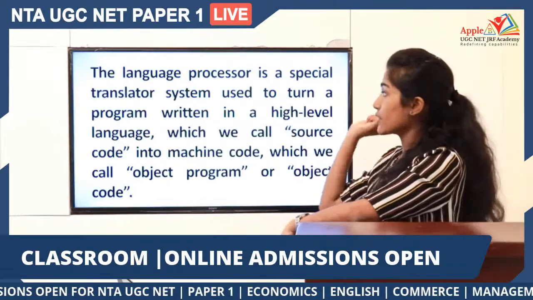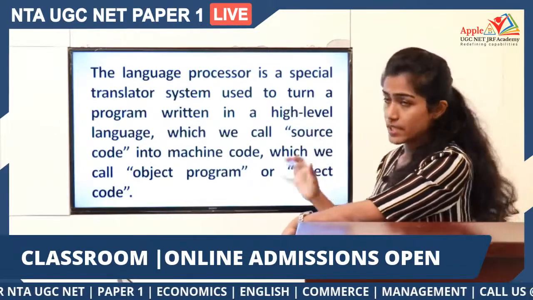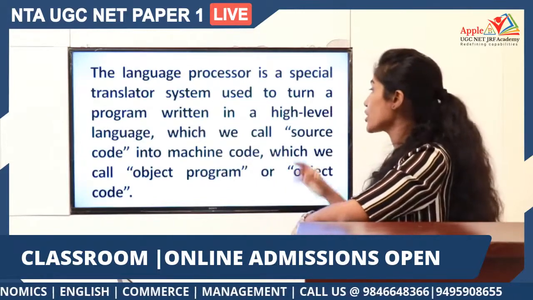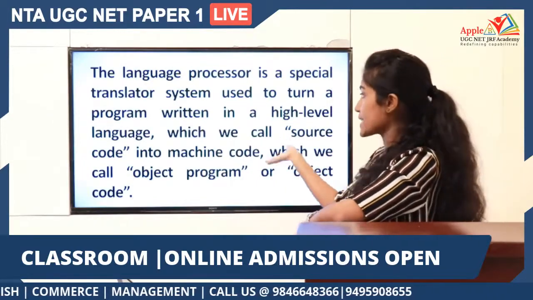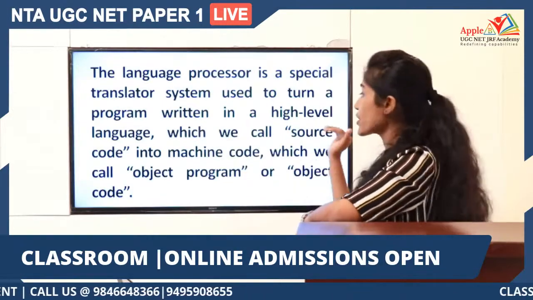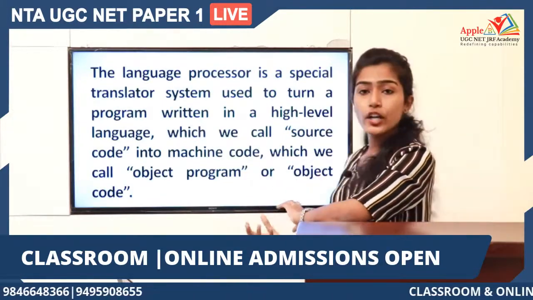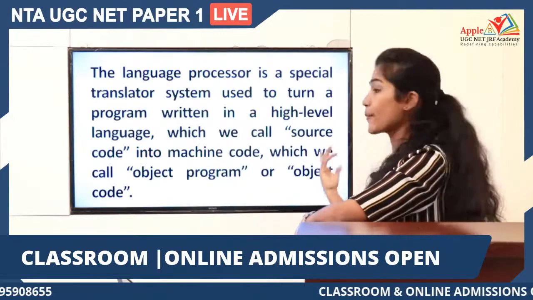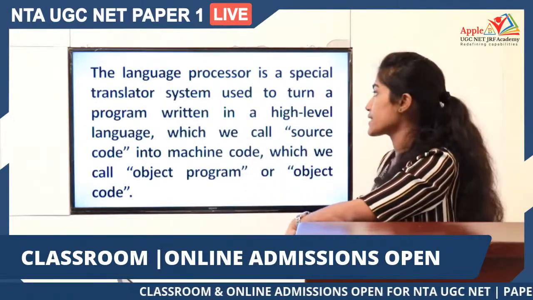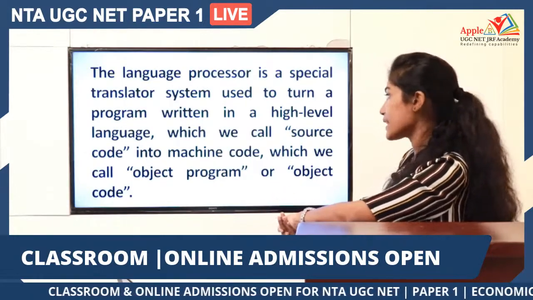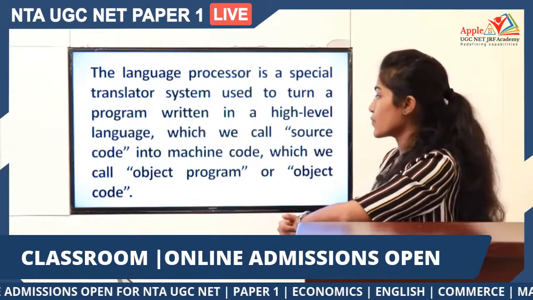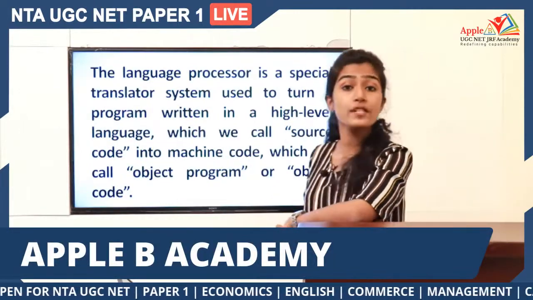So these translators, the language processors, are used to translate the high-level language, which we can call the source code, into machine code. Machine code can be called object program or object code. So the language processor is a special translator system used to turn a program written in a high-level language, which we call source code, into machine code, which we call object program or object code.